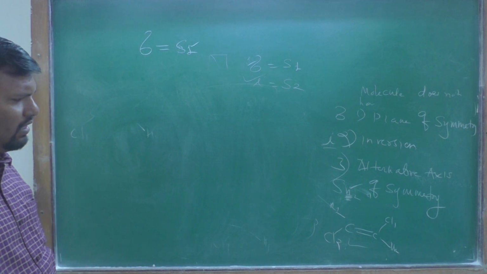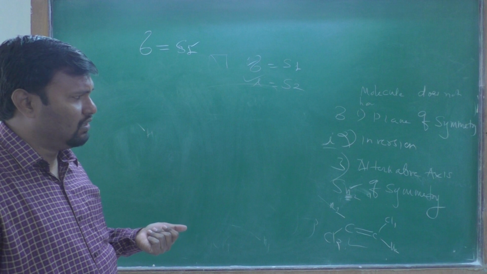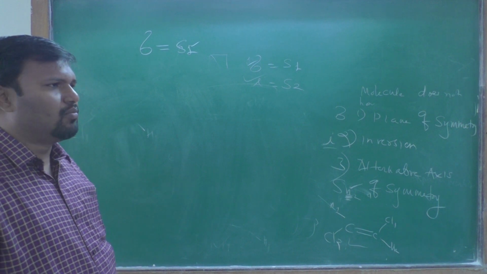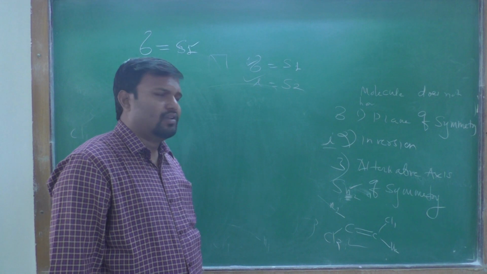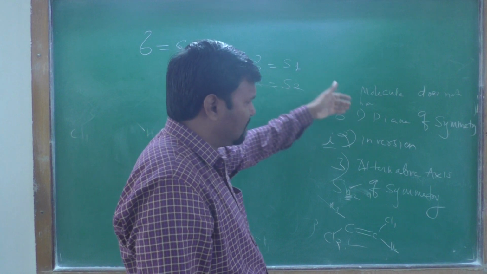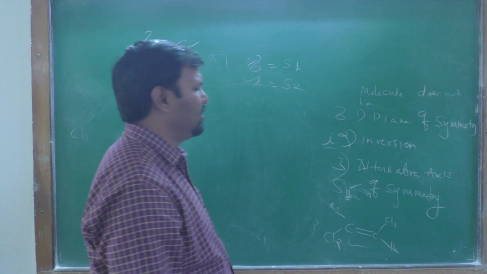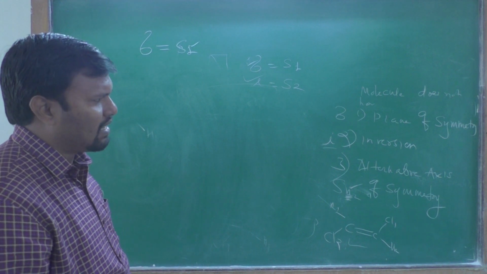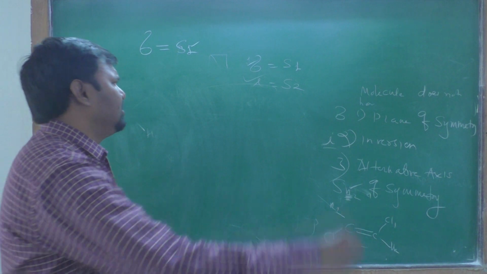By using only the alternating axis of symmetry, you can predict whether your molecule is chiral or non-chiral. You need not remember all these things, like plane of symmetry.